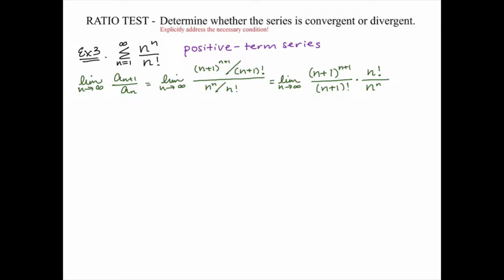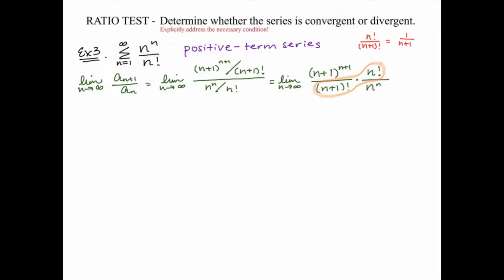Okay, so again, I have this n factorial over (n plus 1) factorial, and as I stated earlier, n factorial over (n plus 1) factorial is going to reduce to 1 over n plus 1.